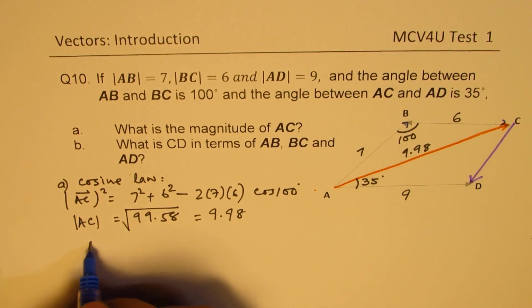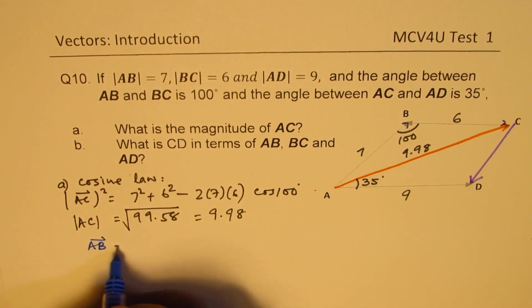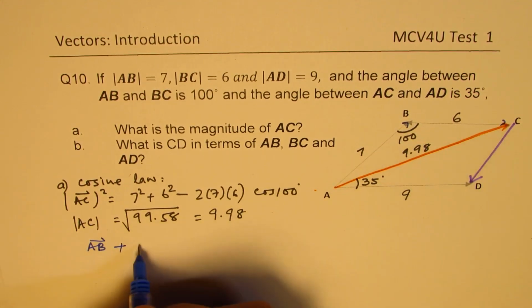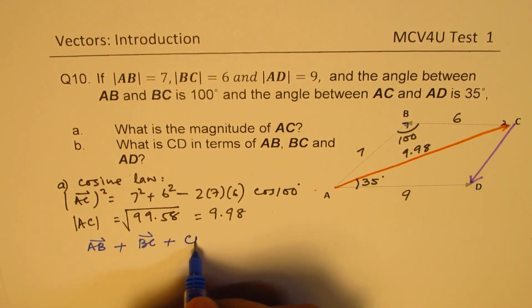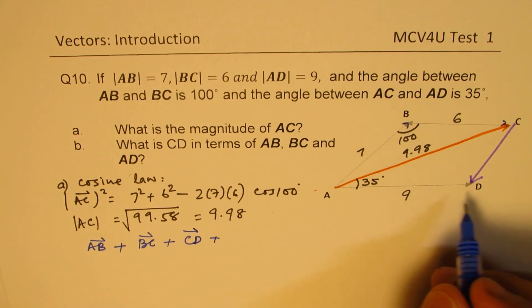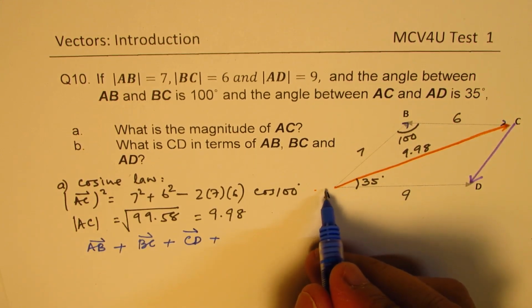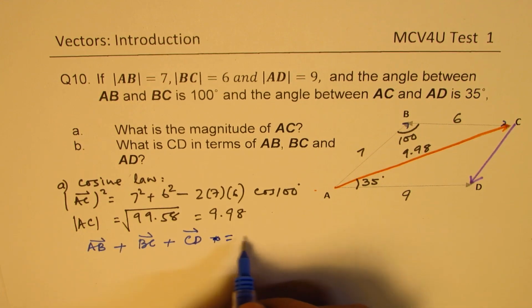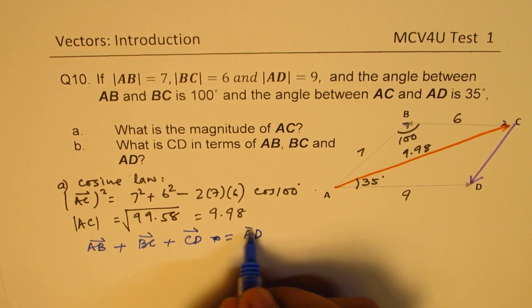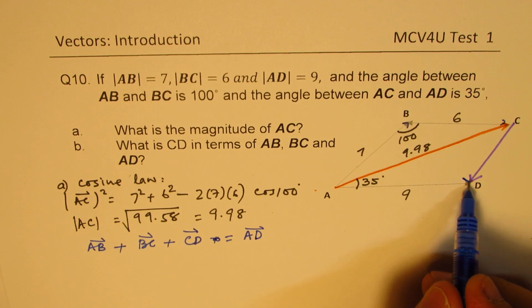So we know AB plus BC plus CD plus DA is equal to zero, or you can say this is equal to AD. So all this will be equal to AD, right?